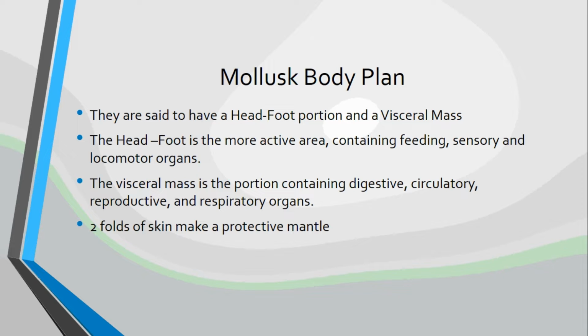So their bodies, and again, they're going to be very different depending on whether it's a clam or an octopus. But all of their bodies have basically the same general features, and they are said to have a head foot portion, and they are said to have a portion that is considered the visceral mass.